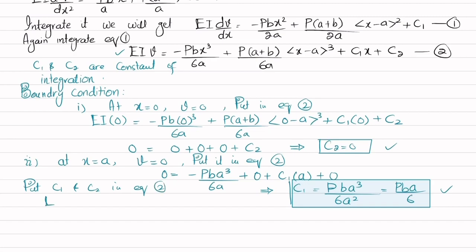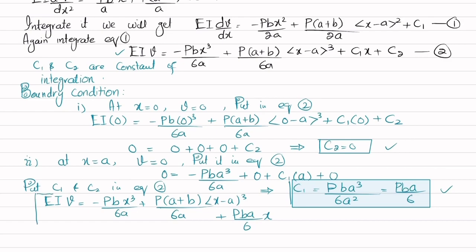We will get EI into v is equal to minus Pb x cube over 6a plus P into a plus b divided by 6a into x minus a whole cube plus c1, which is Pba over 6 x, plus c2 is 0. So this will be your required equation.